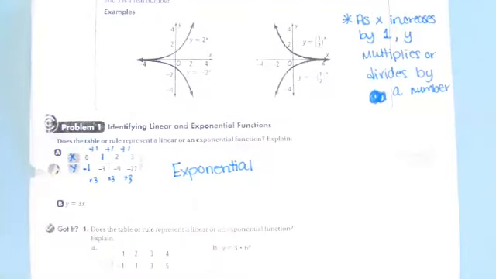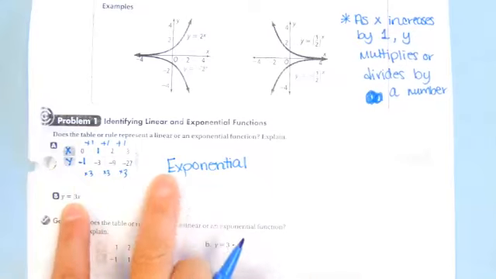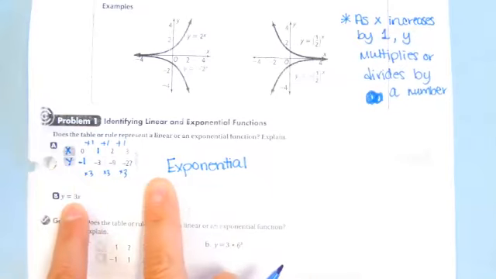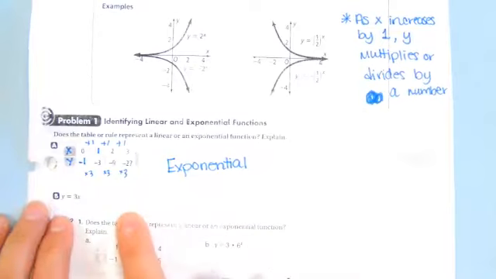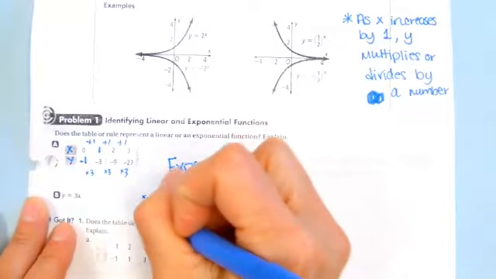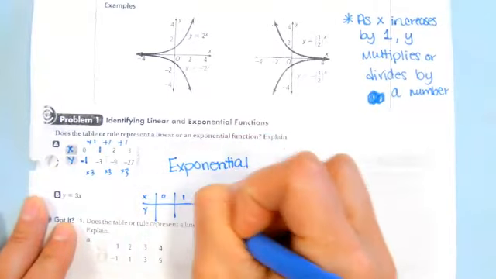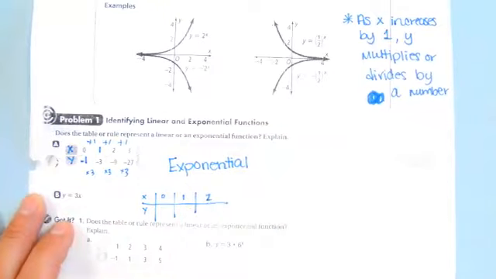Okay? Now, the next one doesn't give a table. It just says y equals 3x, which means 3 times x. Okay, so be careful here because we just talked about y has to multiply each time. In an equation, if we were to make a table for this, a quick xy table, x being 0, 1, let's only do 3 of them.